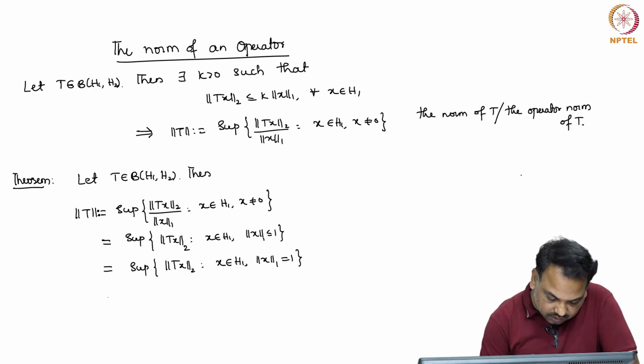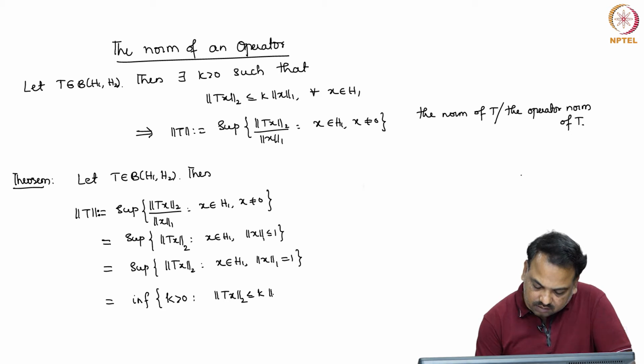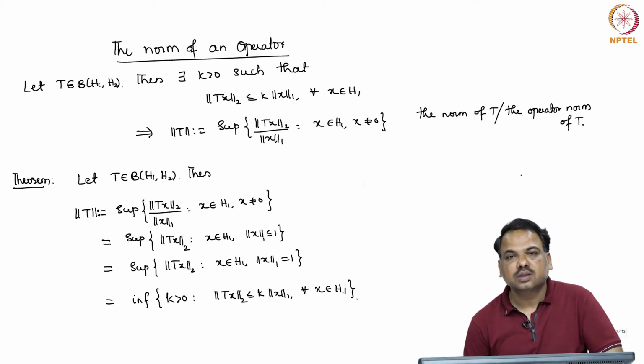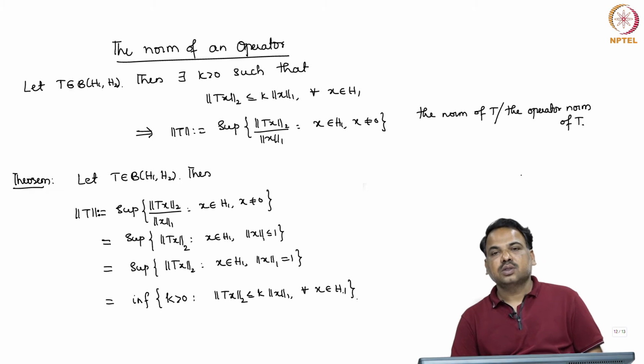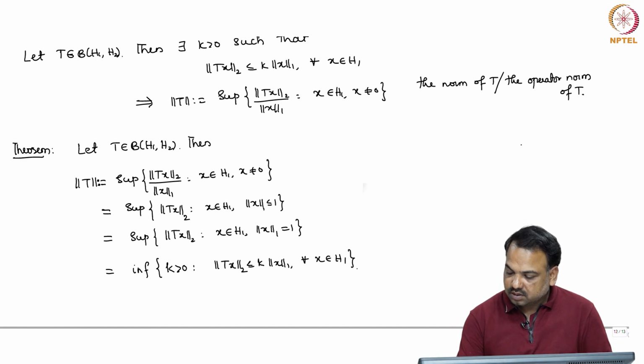And again this is equal to the infimum of k bigger than 0 such that norm of Tx is less than or equal to k times norm x for every x in H1. These quantities are the same, they give the norm of the operator. Let us try to look at the proof of this.